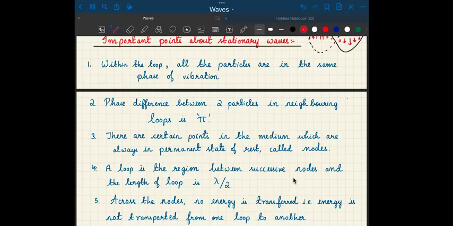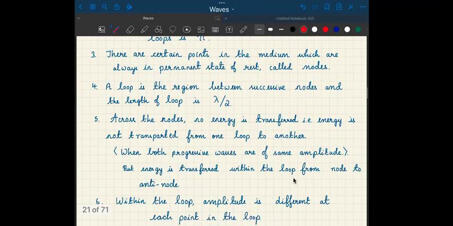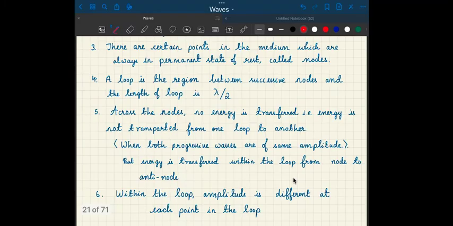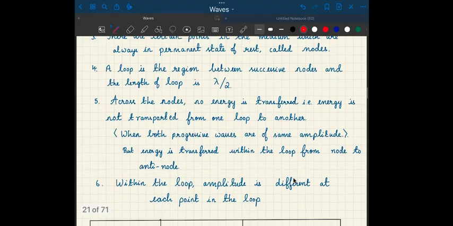Next, there are certain points in the medium which are always in a permanent state of rest, called nodes. I've shown you already that. And a loop is the region between two successive nodes. And the length of one loop is λ/2. That also I have shown. Because I'm just concluding what I taught you till now.